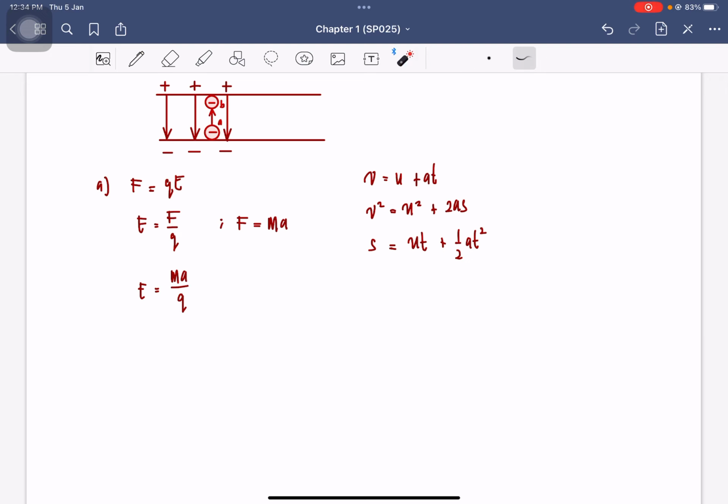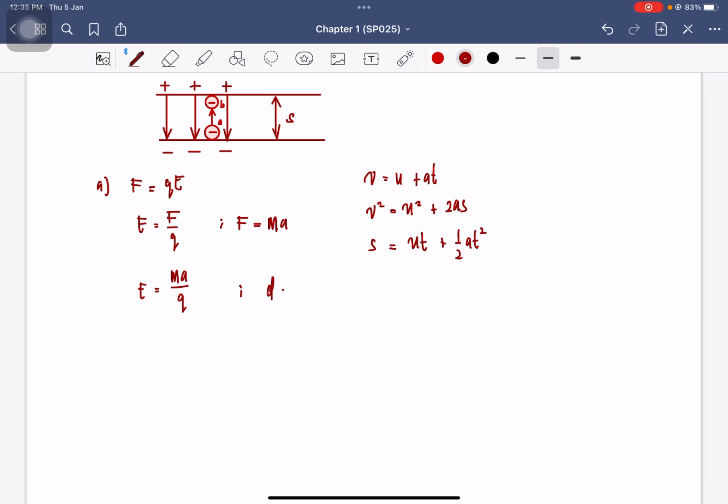If we were to use these two equations here, we have a problem finding the final velocity. So we can't actually use this, so we are going to try and use this equation here. But what is the value of S? The value of S is basically this here. So this is our value of S, which is the separation between the metal plates, the charged metal plates. So we can then use that equation.